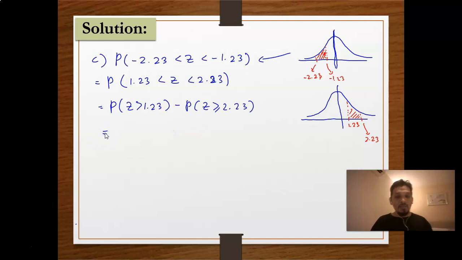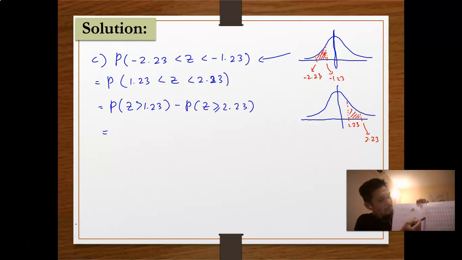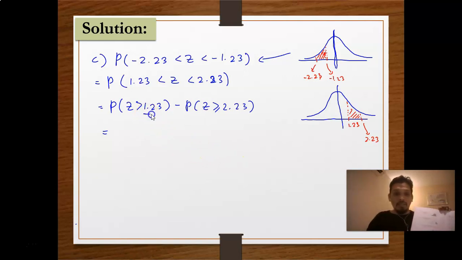So 1.23, from this table book, 1.2 from Z. So find out where is 1.2 here. 1.2 plus 0.03. How do we read this?